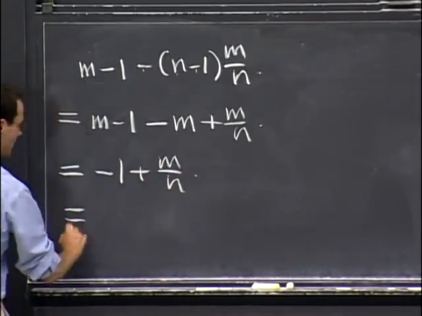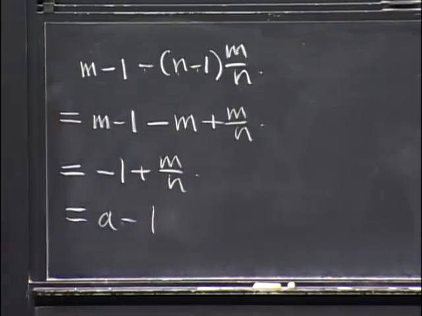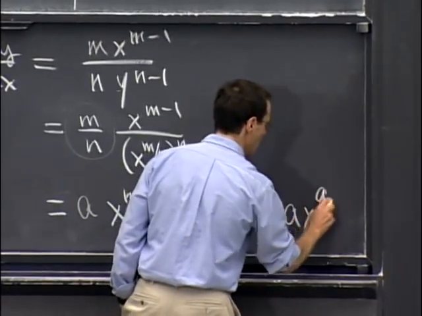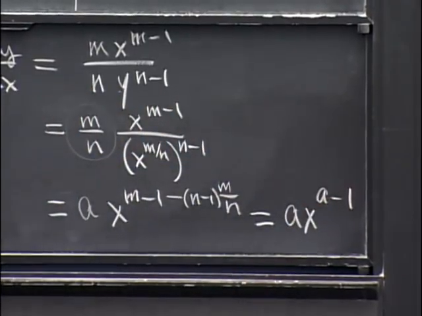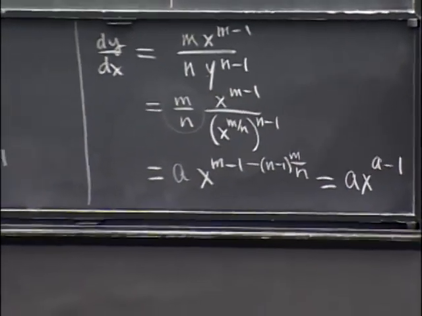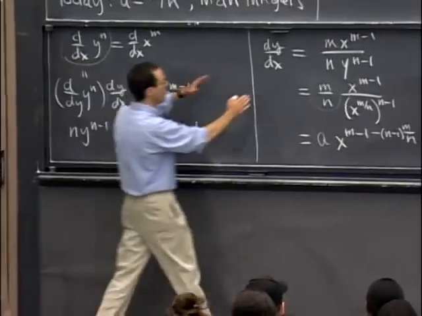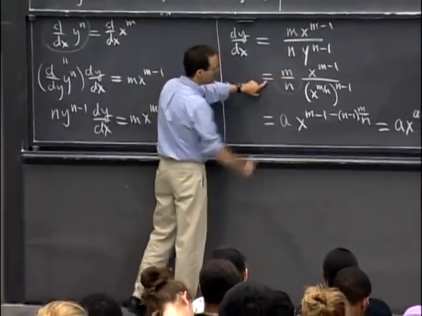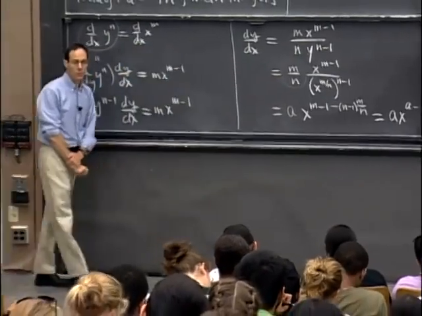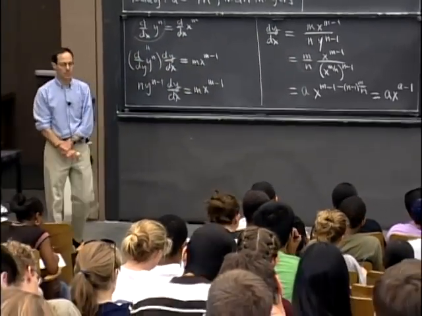And lo and behold, that's the same thing as a minus 1. Just what we wanted. All right, so this equals a x to the a minus 1. Again, just a bunch of arithmetic. From this substitution on, it's just the arithmetic of exponents.